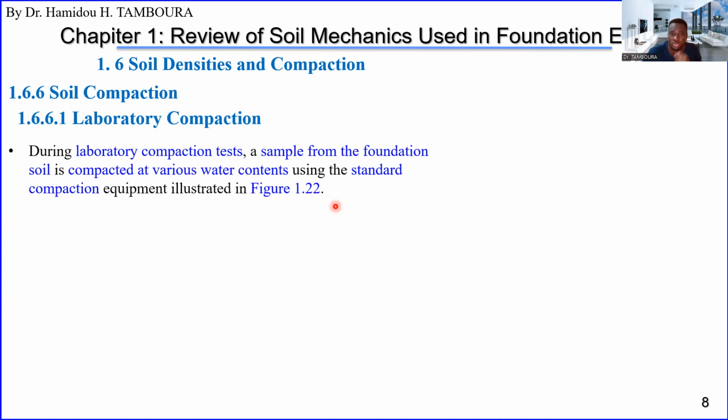So during the lab compaction test, you take a soil sample from the foundation soil, not just any soil, and you compact it under various water contents using standard compaction.